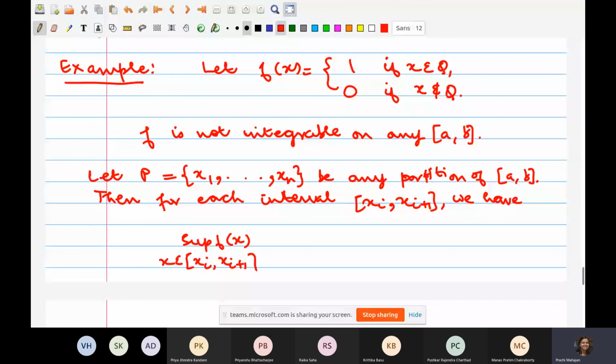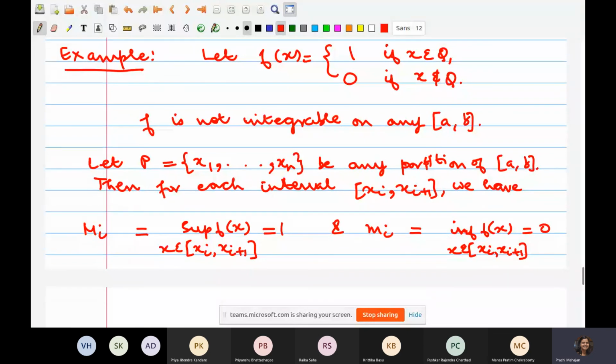What is this going to be, the way the function is defined? What is the supremum of f going to be over the ith subinterval? 1. And what about the infimum? 0. The infimum is going to be 0 no matter where we are. So in our notation this is the little mi.